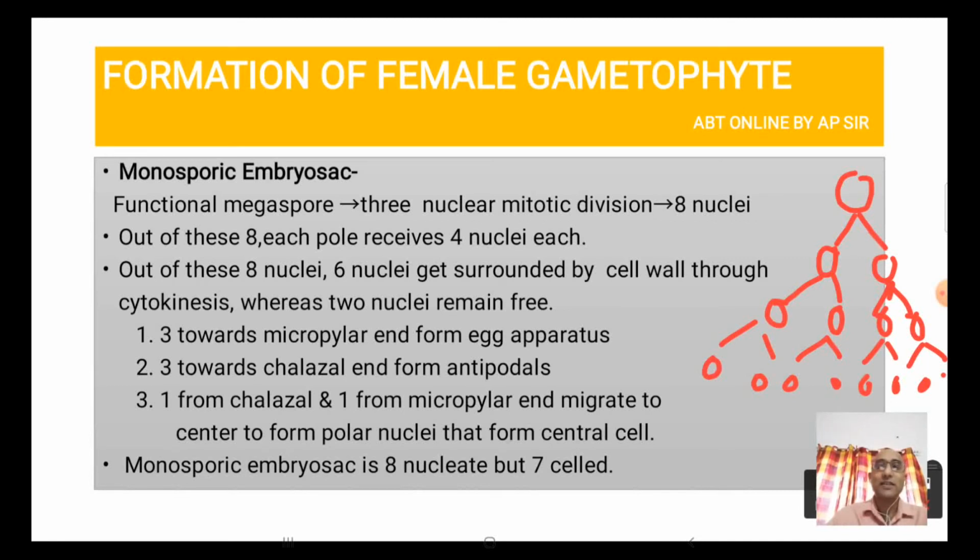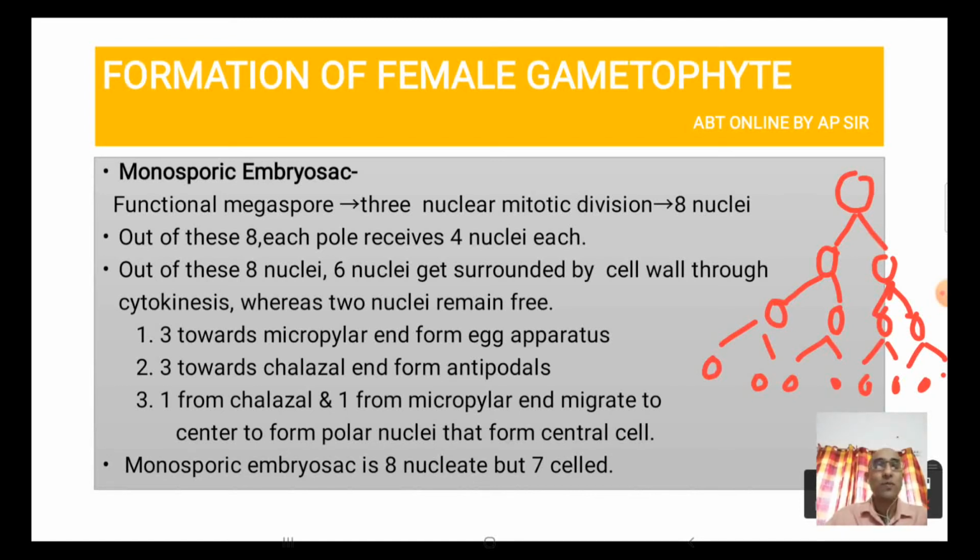So how does the arrangement occur? Out of the 6, 3 towards the micropylar end form the egg apparatus, 3 towards the chalazal end form antipodals, and the remaining 2 which were free, one from the chalazal end and one from the micropylar end, migrate to the center of the embryo sac to form polar nuclei that later form the central cell.